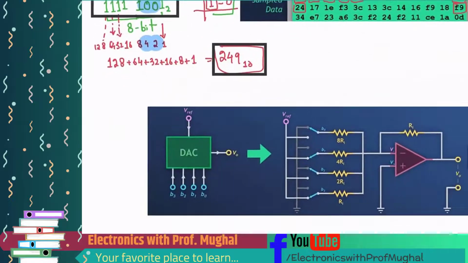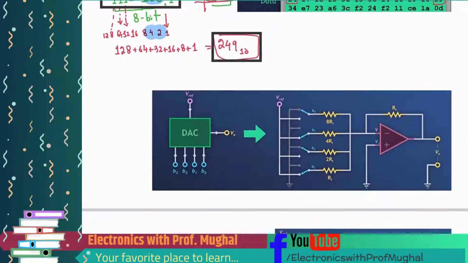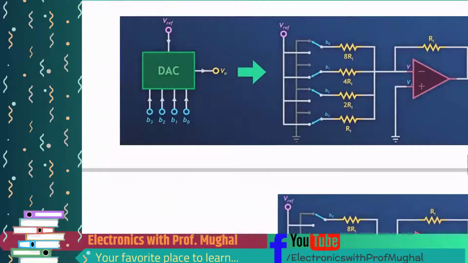Now let's look at this circuit, how this whole thing is working. We have a DAC here, and it's got 4 bits: B0 right here, B1 right here, B2 right here, and B3 right here.